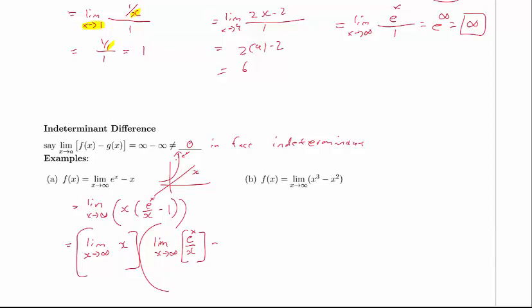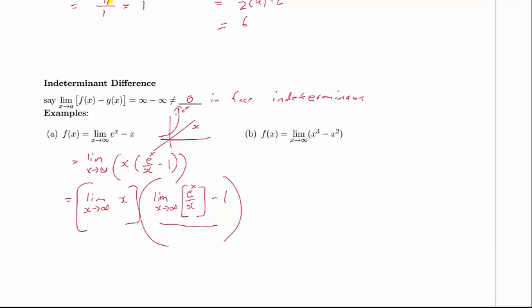And then we've got minus 1 hanging out there, right? All we did was break up the order of operations. So now you can see we can use L'Hopital's rule because that's infinity over infinity.